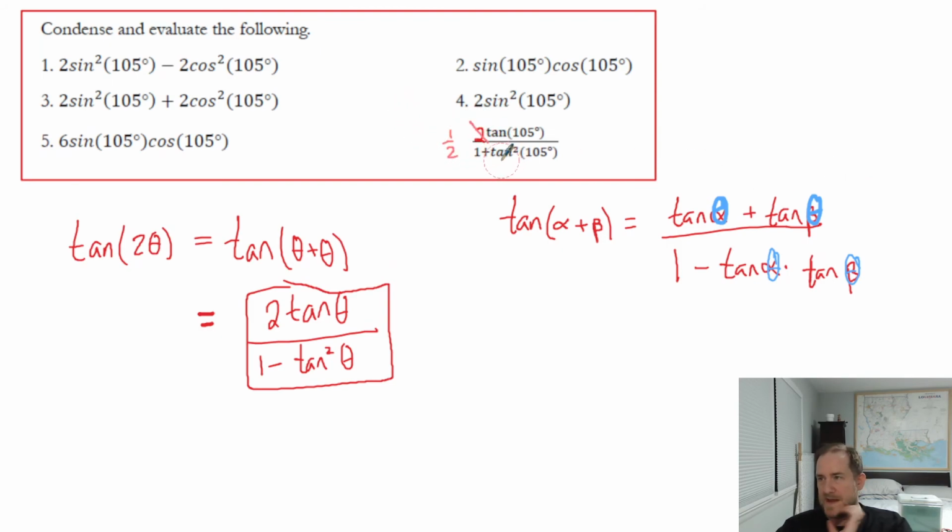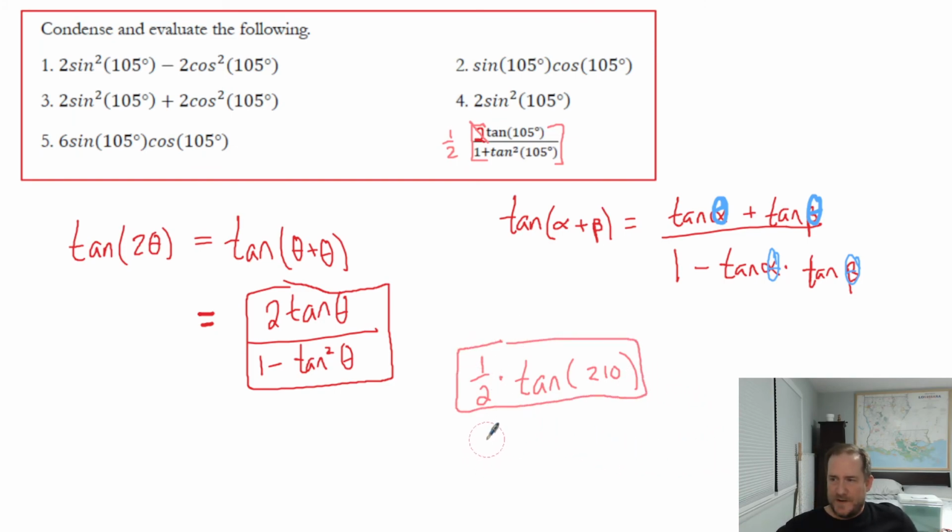So if I do that, then the 2 actually wraps itself into the rest of this identity, and we would end up getting 1/2 as a coefficient on the tangent of that angle doubled. And then again, that's the expression. Now you just evaluate it.